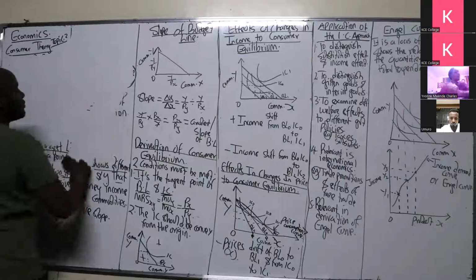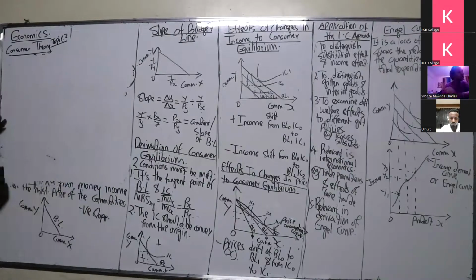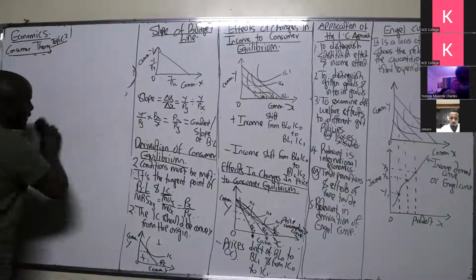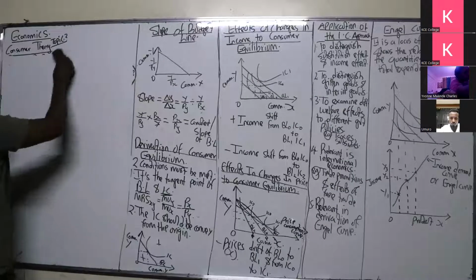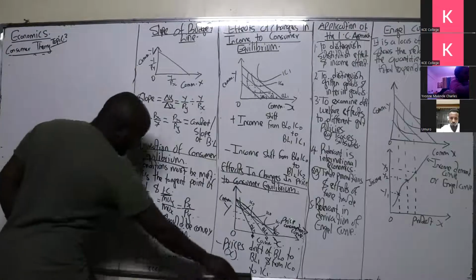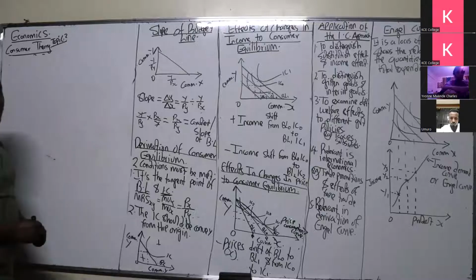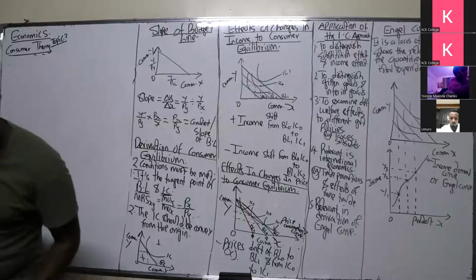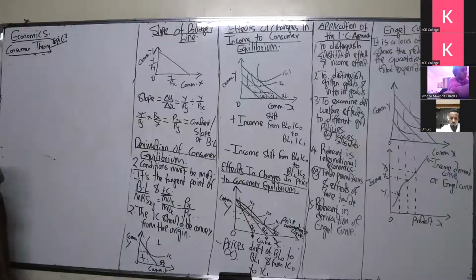So the last bit of today's class is about a diagram that we shall draw here, known as community welfare, or the economic welfare.